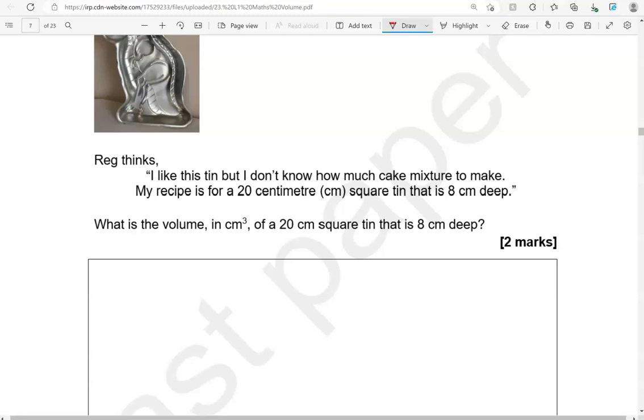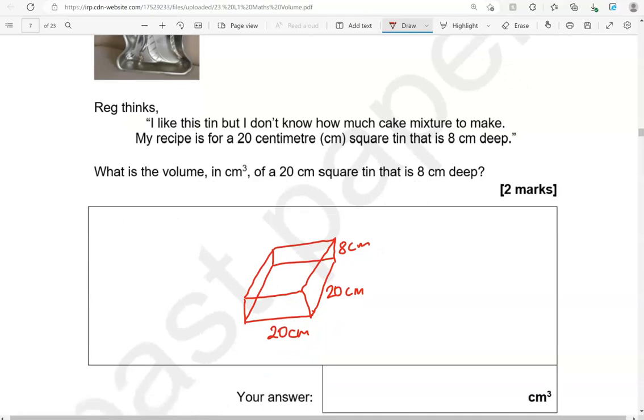So you can imagine a tin that looks like so. So it's 20 centimeters long, 20 centimeters wide, and 8 centimeters deep.